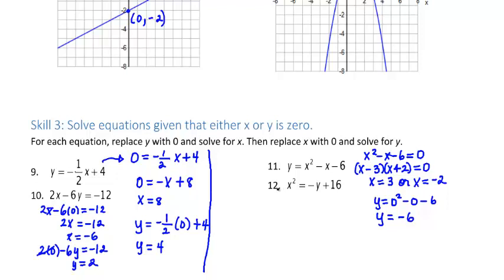And for number 12, we replace y with 0, so this gives us x squared equals the opposite of 0 plus 16, which is just x squared equals 16. Applying the square root property, we get x equals plus or minus the square root of 16, which is plus or minus 4.